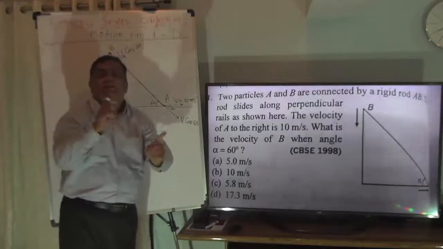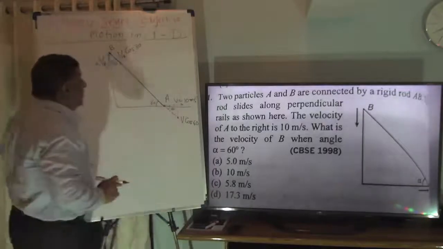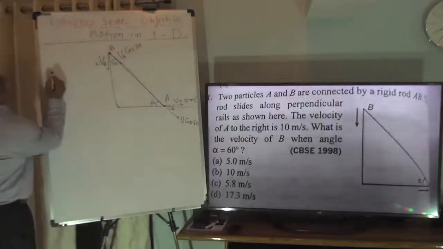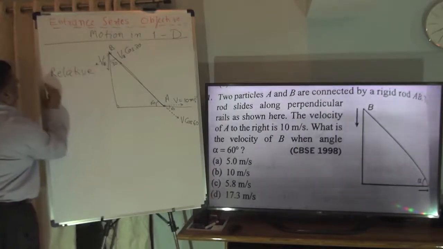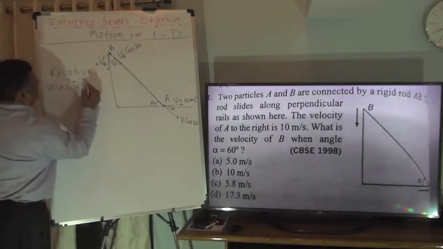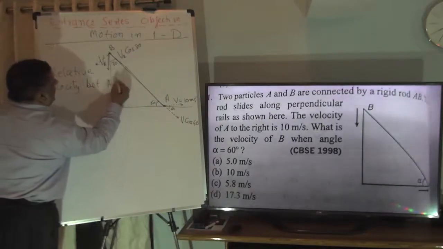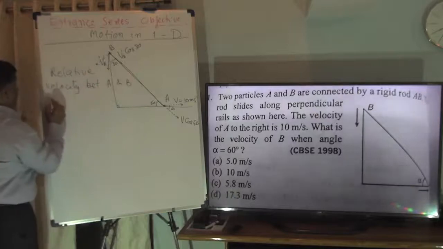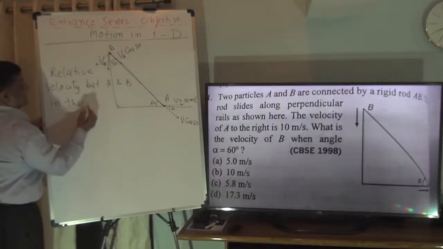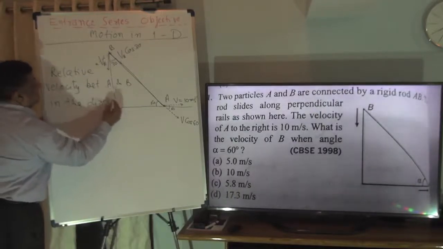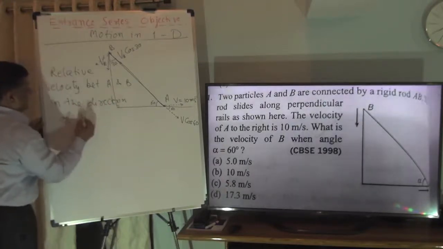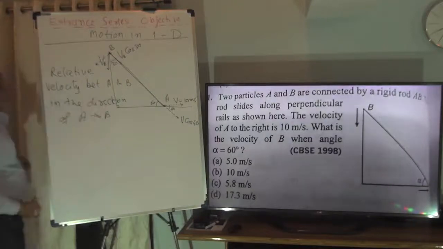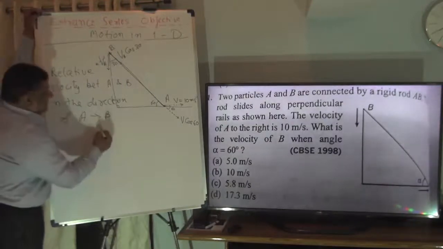It is going in the same direction. So, the relative velocity between A and B in the direction of AB, how much is that?